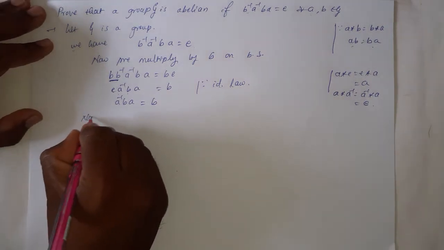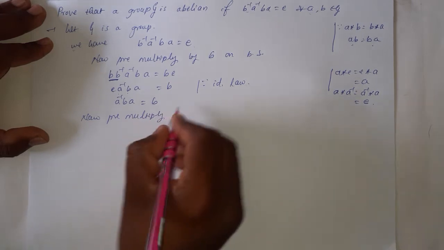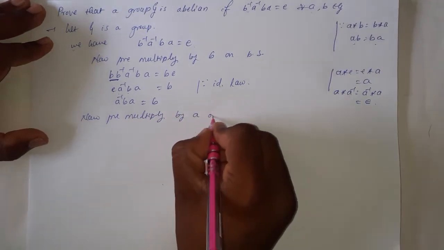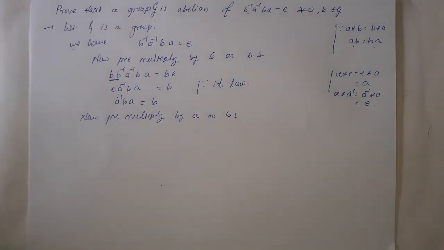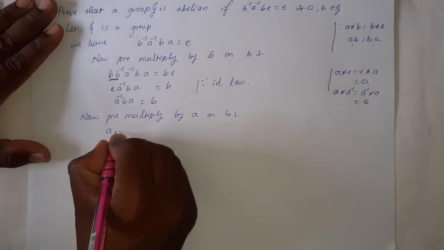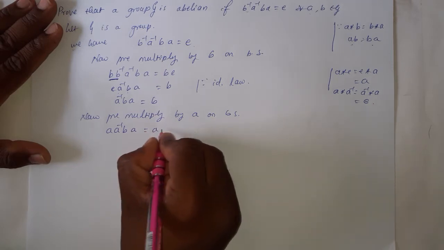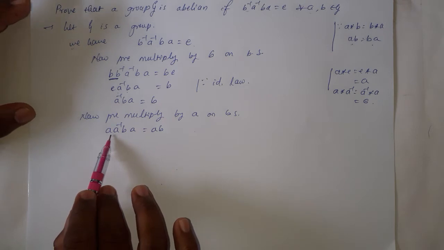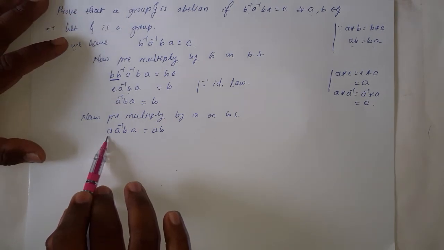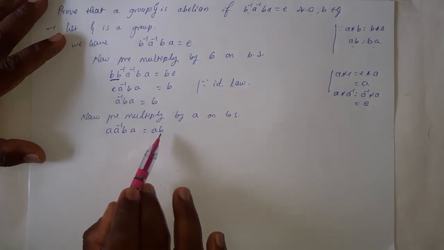Now pre-multiply by A on both sides. Now we need to pre-multiply the element A. So then it becomes A A inverse BA is equal to AB, right? Because we are pre-multiplying A, so that becomes A A inverse BA is equal to AB.